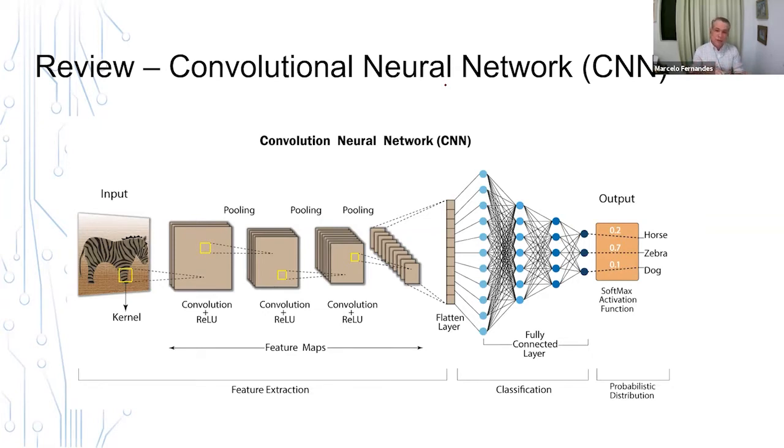But in this tutorial, because I have limited time, we will just use convolutional neural networks. Of course, everything that I'm going to talk about here, you can use for other architectures.